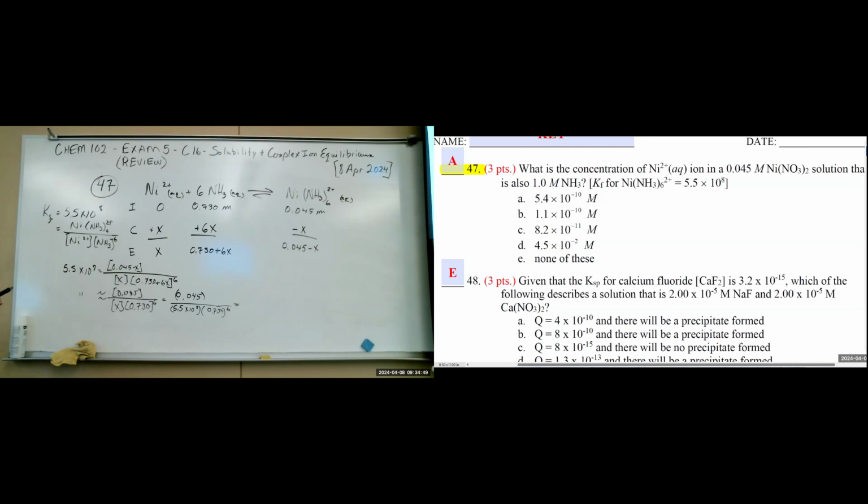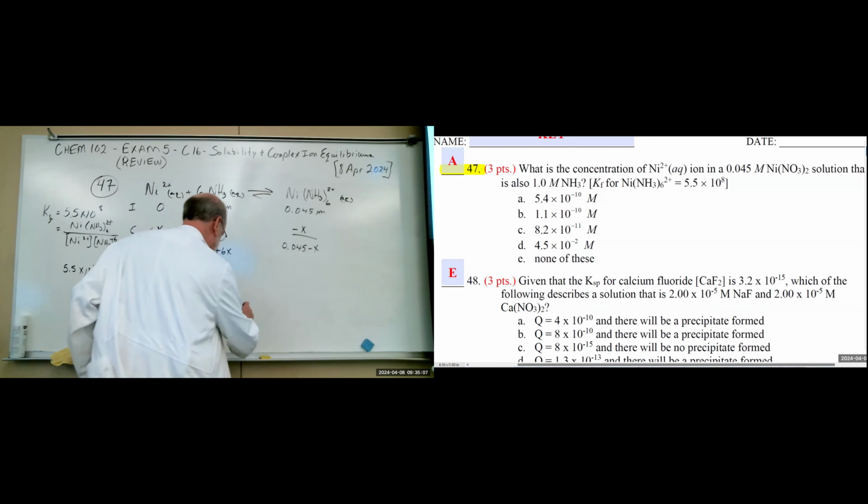All right, 0.045 divided by 5.5, exponent 8, and then 0.73, enter 6, take that to the power, divide that in. So I get 5.4 times 10 to the minus 10.